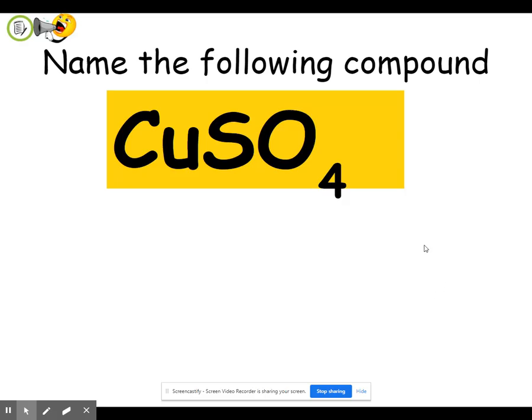Let's try this one. We have 1, 2, 3 capital letters, so we have 3 elements: capital C, lowercase u, capital S, and a capital O. There are no subscripts right here, so it's 1 atom. There's no subscript here, so it's 1 atom. And we have a subscript of 4.